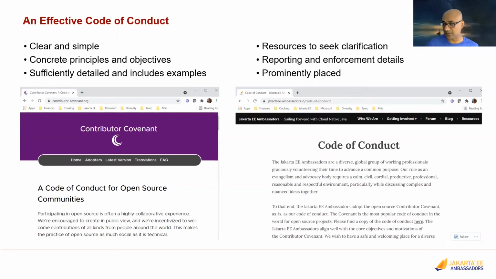This is another thing that I see in many places. Like the code of conduct is buried very deep somewhere. Like you can't really find it unless you're really looking for it. It's almost hidden. That can't be the case. If you really believe in a code of conduct, it needs to be very prominently placed, where you say, hey, this is our code of conduct. Please read this before you join our community.